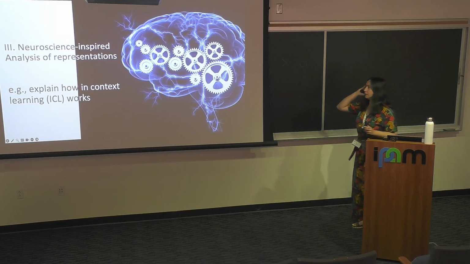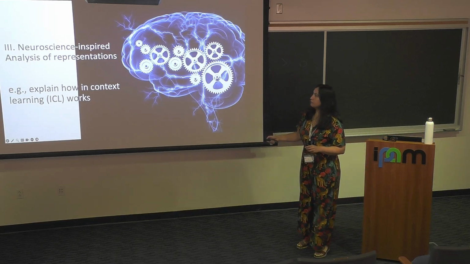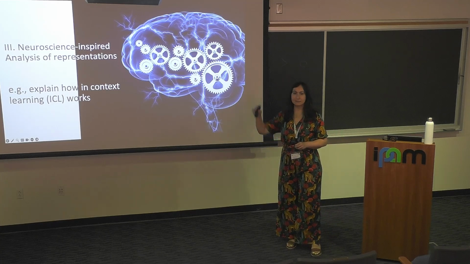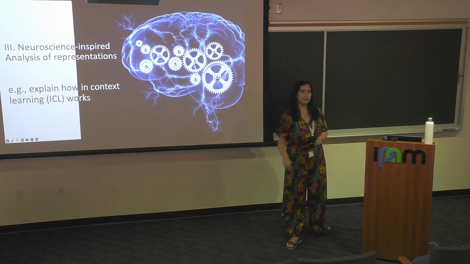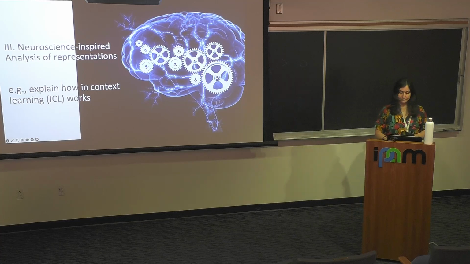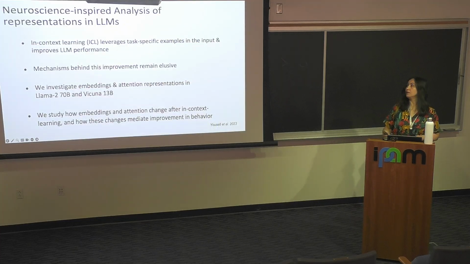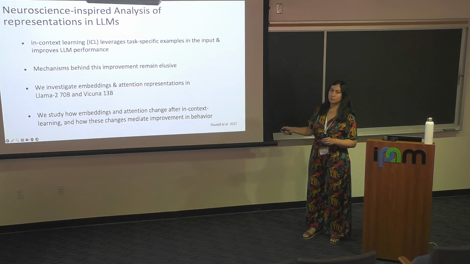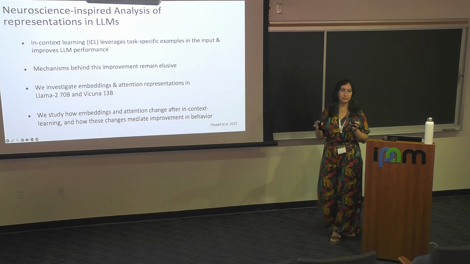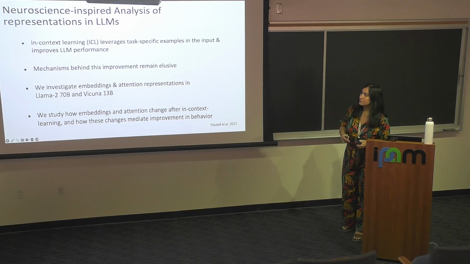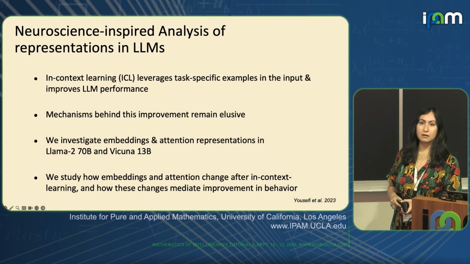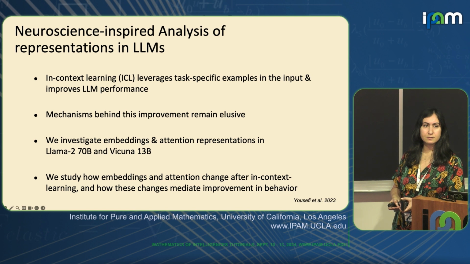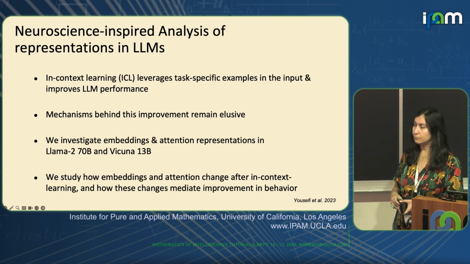Okay. So what if we use a neuroscience-like analysis of the layers and see what is going on? In-context learning, as I mentioned earlier, leverages task-specific examples in the input to improve the LLM performance. Mechanisms behind this improvement are elusive. There are some ideas and some explanations, and we list them in our paper.